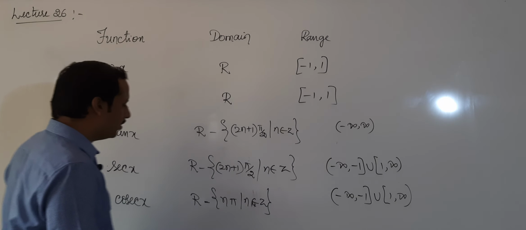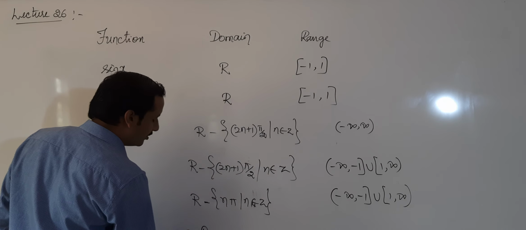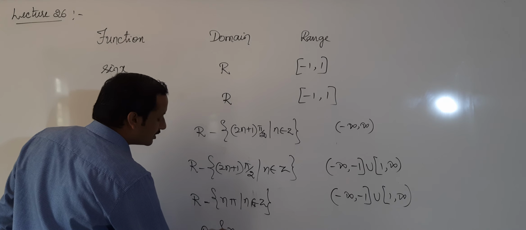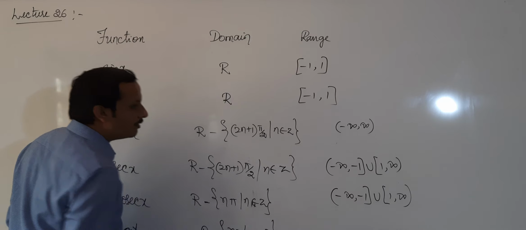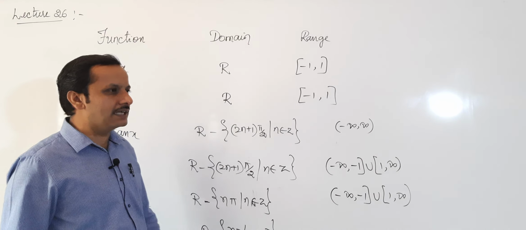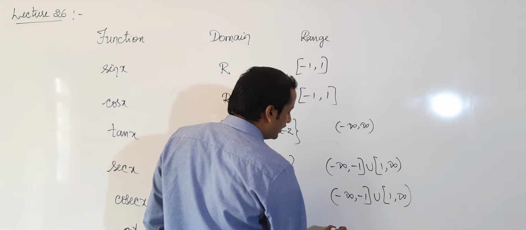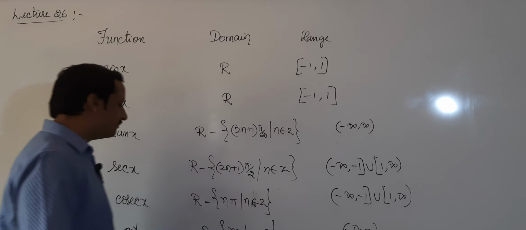And finally cot x. The domain of cot x is the same as the domain of cosecant x. So the set of all points where sin x is not 0. Sin x is 0 whenever x equals n pi. So from the set of all reals we will exclude n pi. Then the range is minus infinity to plus infinity.